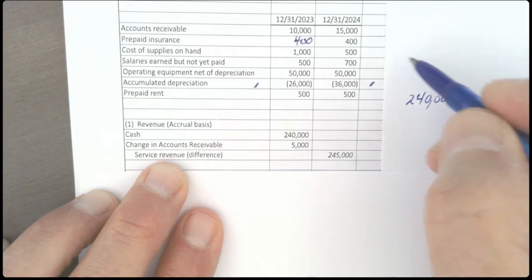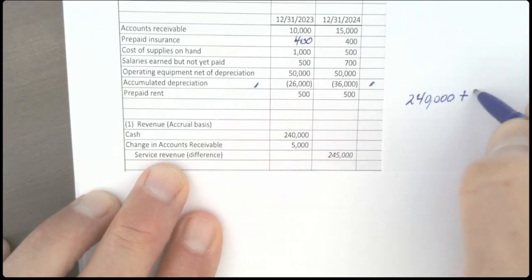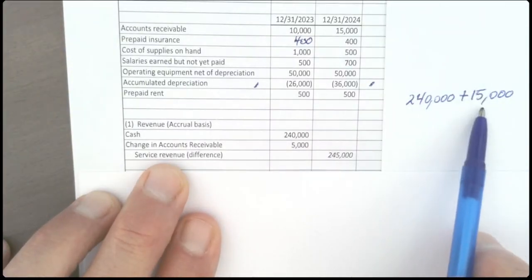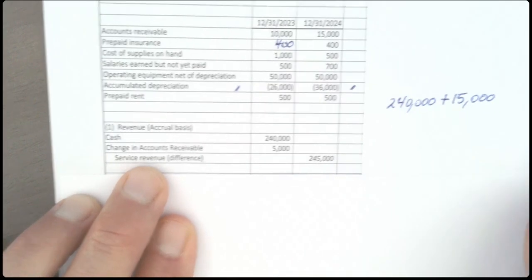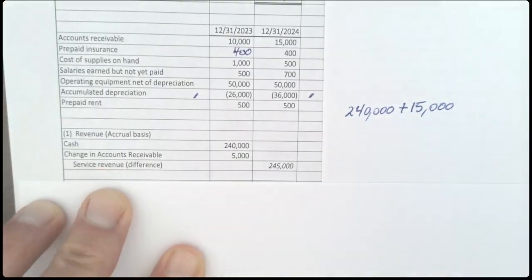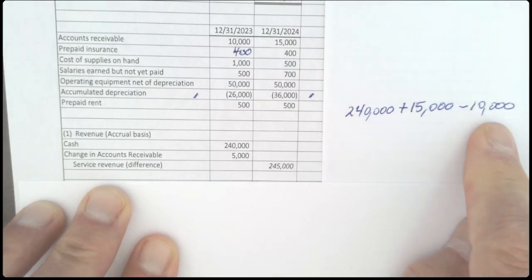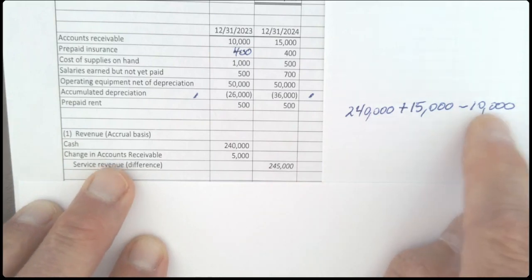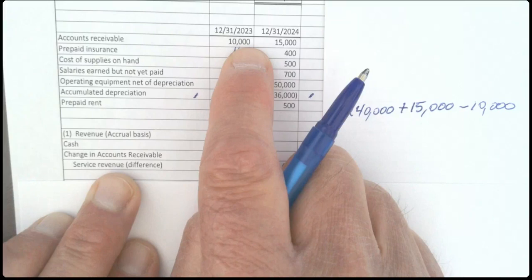So we have to add the $15,000 for sales that we made this year but didn't yet collect the cash on. But then we have to take out the $10,000 of cash collected, where the sales were recorded in 2023 and we just collected the cash. How do I know that? That was the beginning balance in the receivables.